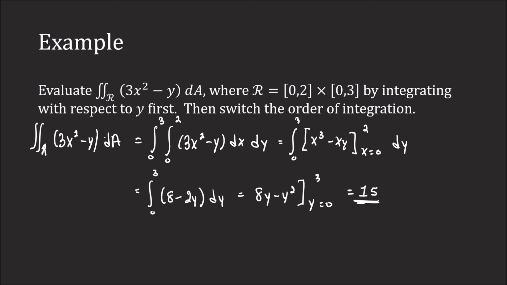So the order in which you integrate does not matter. However, it could be more convenient to do a specific variable first. And as we'll see in the next video, when we're looking at more general regions, flipping the order of integration sometimes is a lot more involved than simply switching bounds like we did here. And we'll deal with that in the next video.